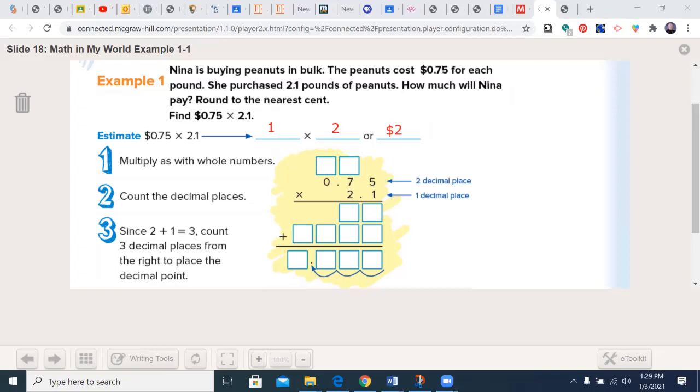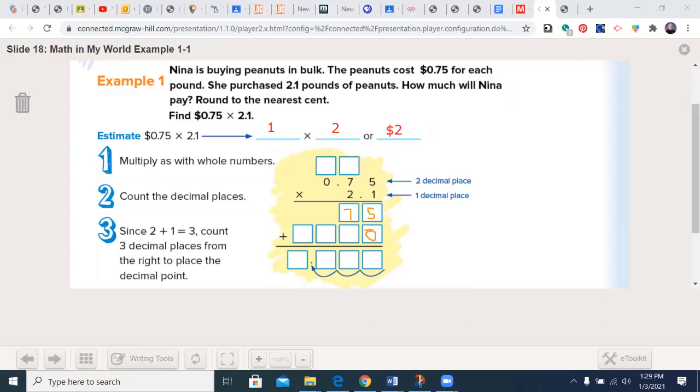With step 1, multiply as with whole numbers. 5 times 1 is 5. 1 times 7 is 7. Now remember, when we get to here, because we're completely ignoring these decimal points right now, this 2 doesn't represent a 2, it represents a 20. So I do need to have a 0 here.